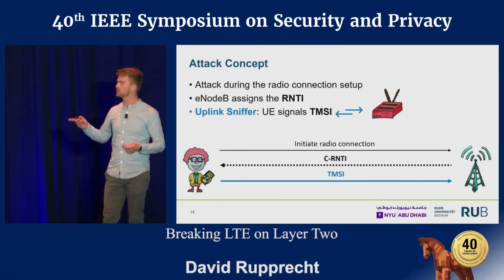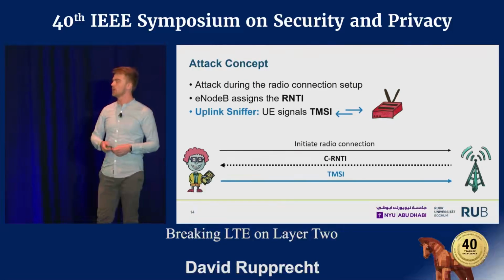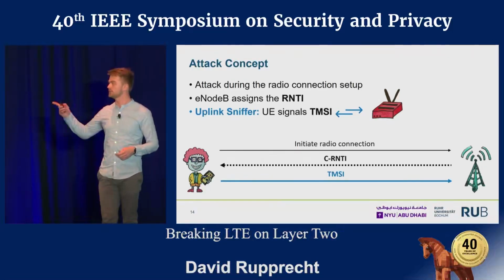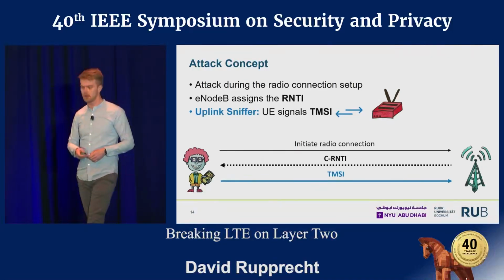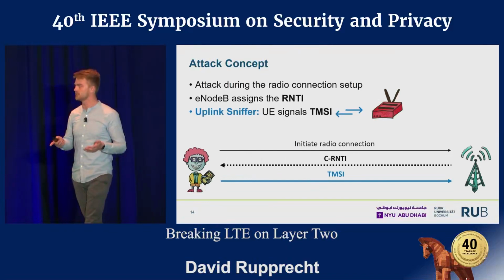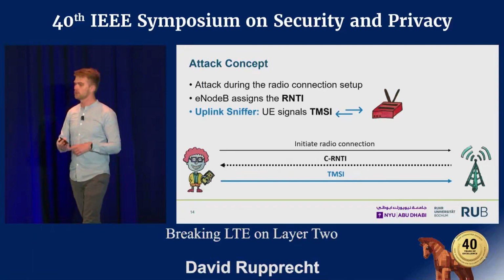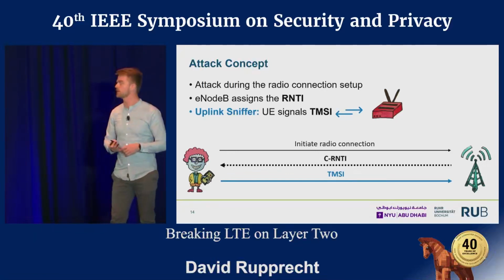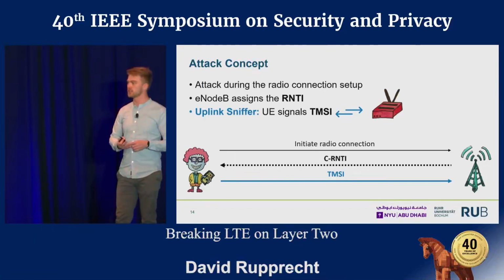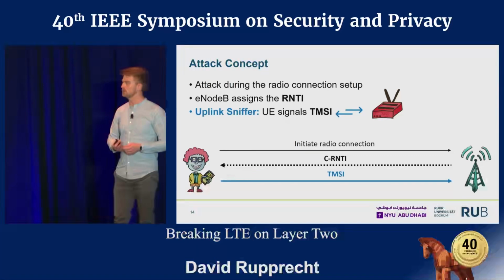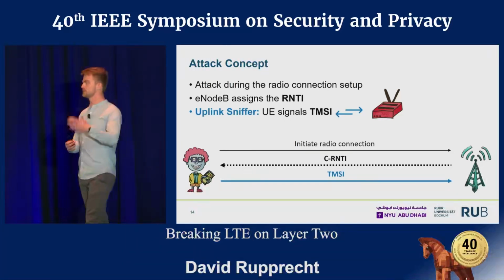And we can now use an uplink sniffer on this message to link the C-RNTI with a TMSI. However, uplink sniffing in LTE is difficult. I would say it's not impossible, but you really need good hardware equipment to do synchronization on the radio layer, and in particular, the timing advance is quite difficult here.